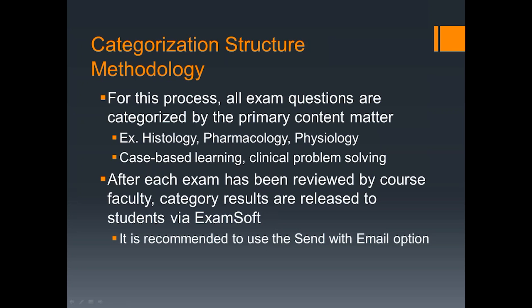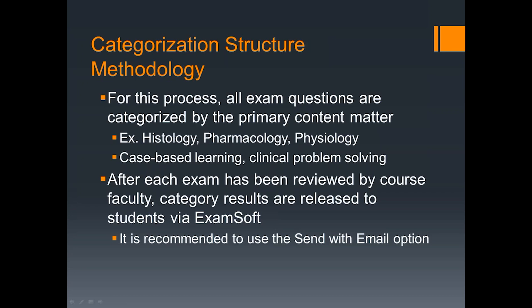As I mentioned quite a bit on the previous slide, we have the faculty member review the exam statistics and the exam itself, and after any changes are made to the exam, we release the results to the students via ExamSoft.